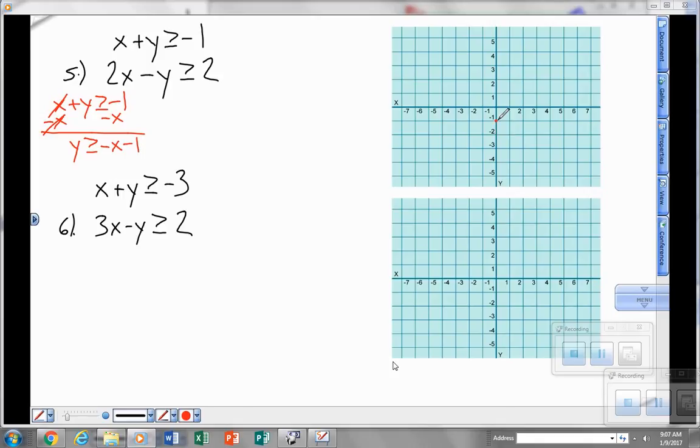So over 1, down 1. So starting at -1, over 1, down 1, over 1, down 1. Be able to stair step the opposite direction. That will be a solid line because of the inequality. And more than means shade above.